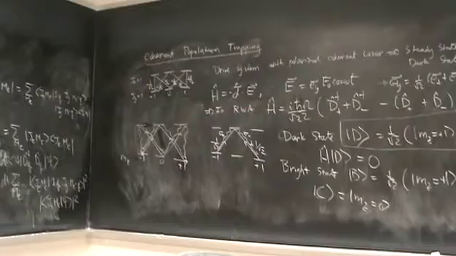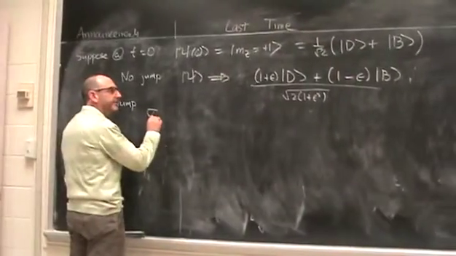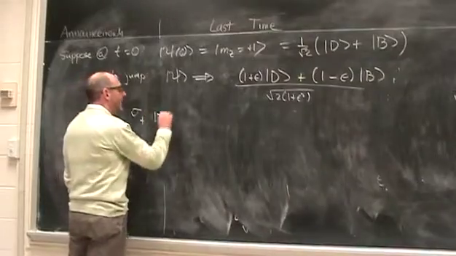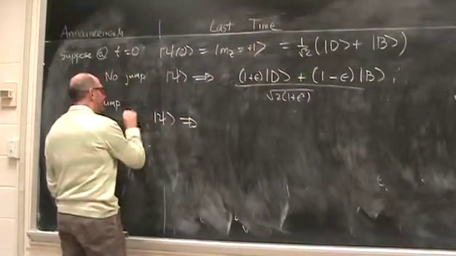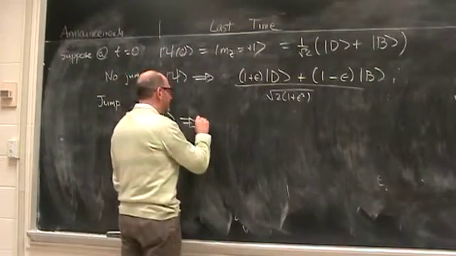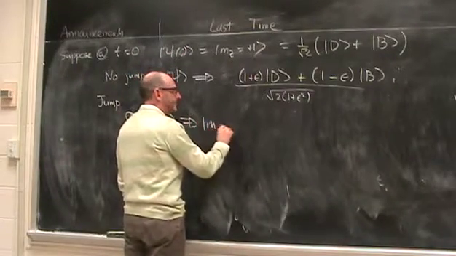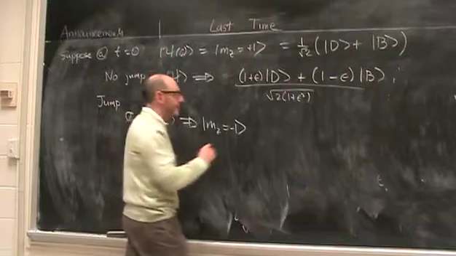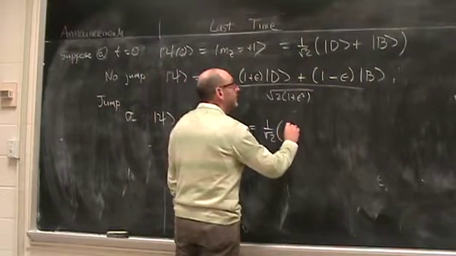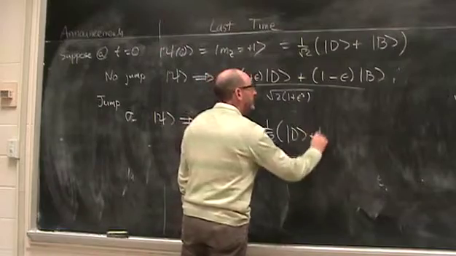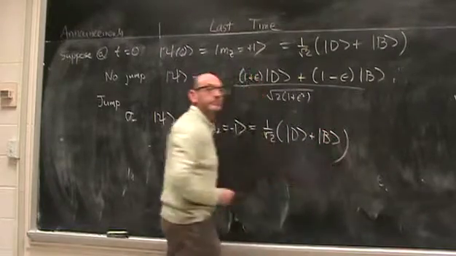So if I jump with sigma plus, then psi goes, let's say, and if I jump with sigma minus, then my jump goes back to where I started. Which is again plus one, the superposition of bright and dark.